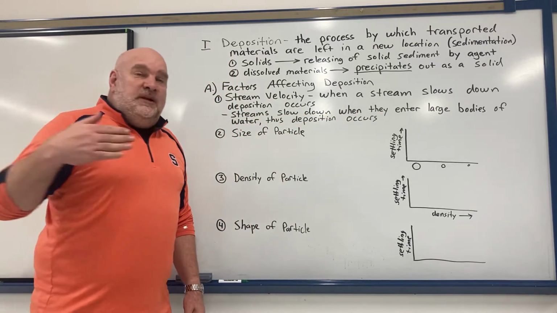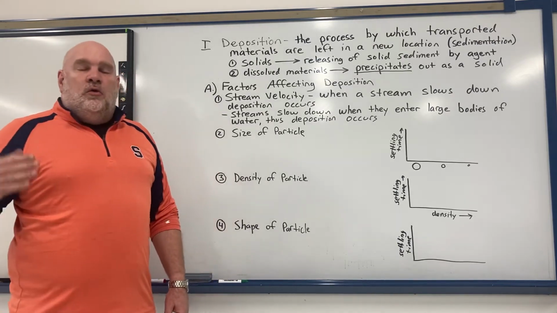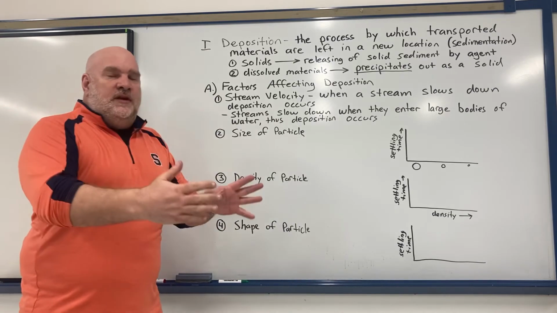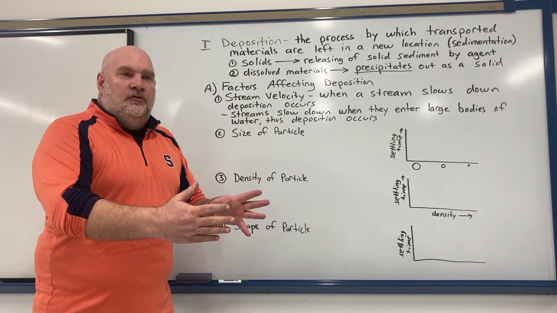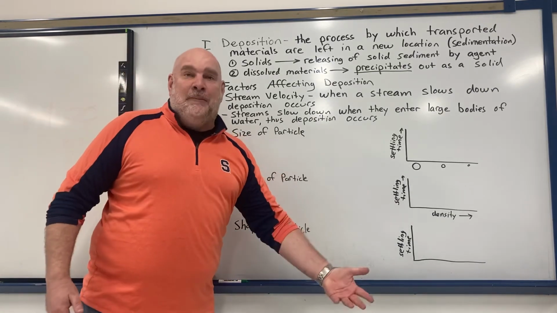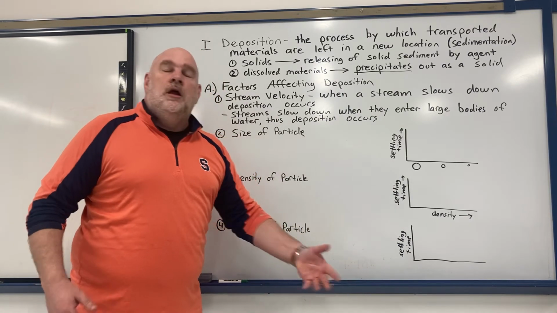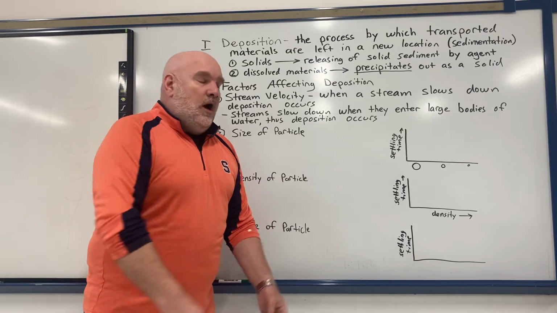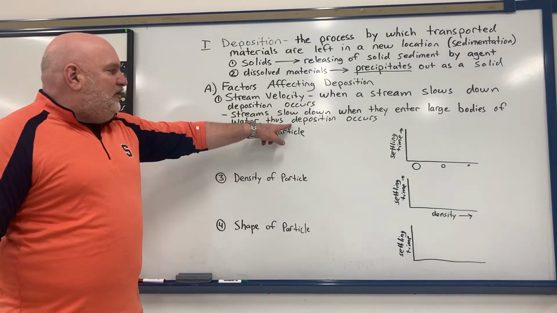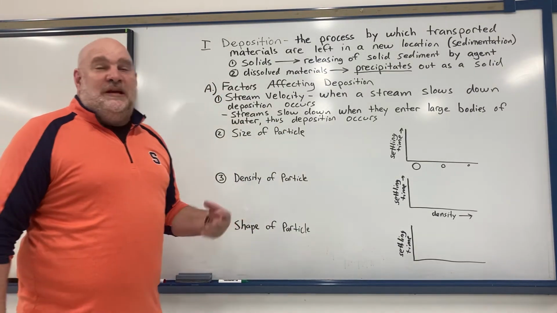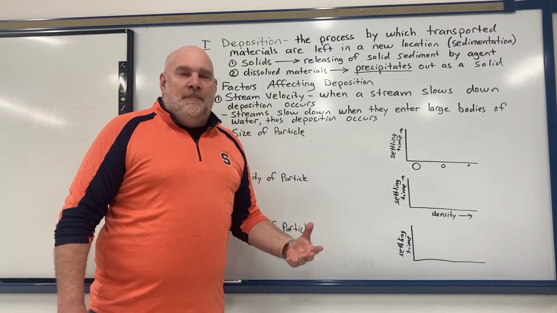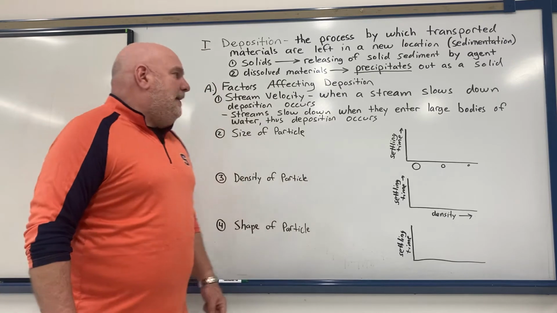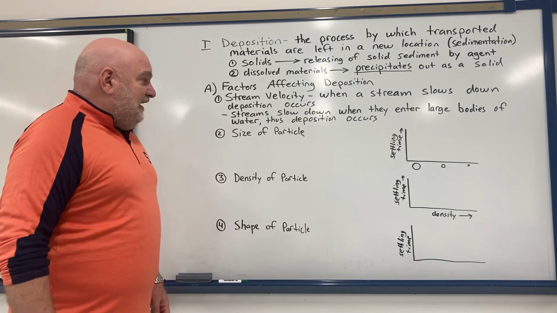So like when a stream enters into a lake or a river enters into the ocean, you have water that's moving, so it's carrying a bunch of particles, but then it basically stops when it hits the larger body of water, so those particles it was carrying start to come out of the water. So you have lots of deposition taking place where streams or rivers enter larger bodies of water, like a lake or an ocean or a sea or something like that. So you get lots of deposition taking place there.